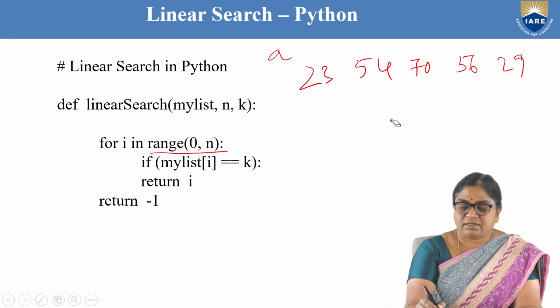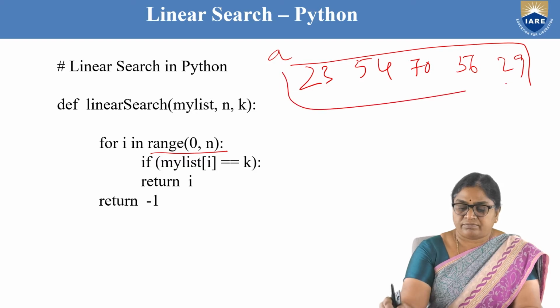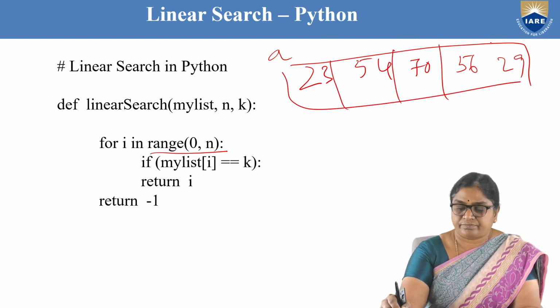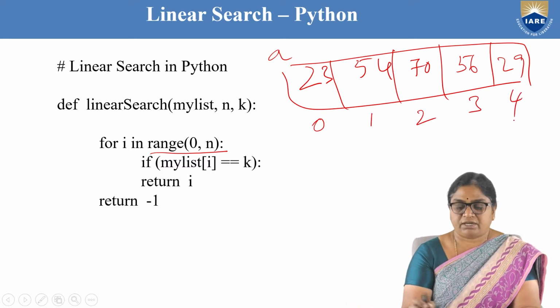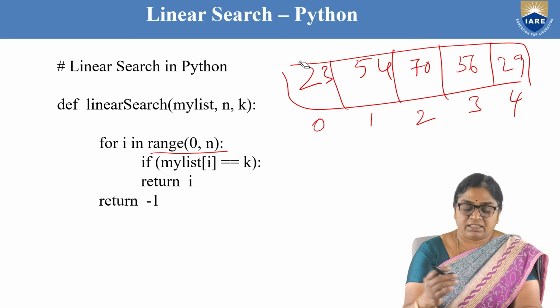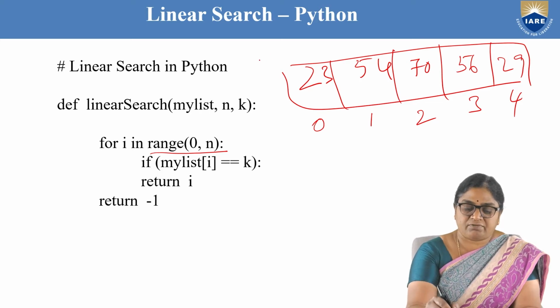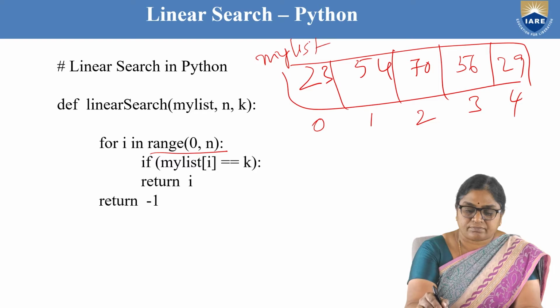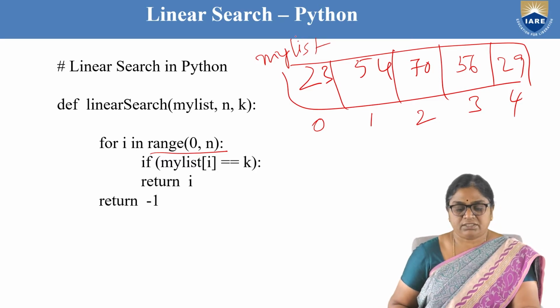This is the list, and the indices for this list are 0, 1, 2, 3 and 4, starting from 0 to 4. In the function definition, the name of the list is my list.